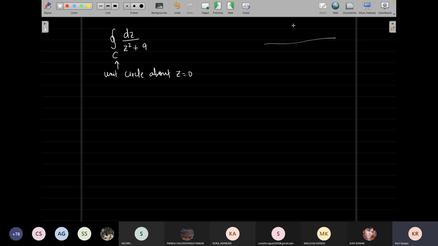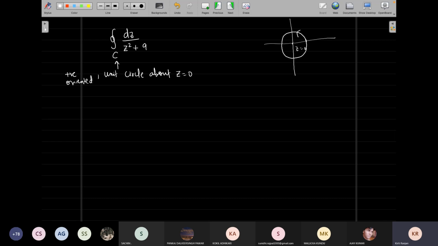So we have z equal to 0 and a unit circle, so this is 1, and let's consider it positive oriented. These two things are very important: you should know on what path we are integrating. Now, the positive oriented unit circle about z equal to 0 defines my contour C.